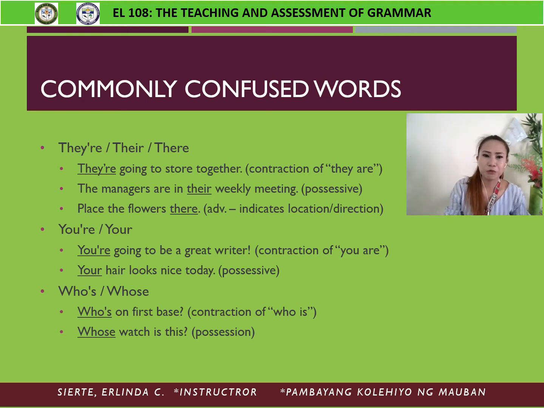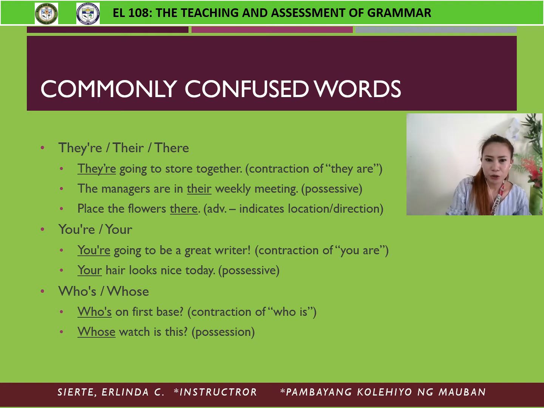Now, how about the words you're and your? The first one: "You're going to be a great writer." The function of the word you're is that you are speaking with someone, telling him or her that he or she is a great writer, and that word is just a contraction of the words you and are. The second one: "Your hair looks nice today."